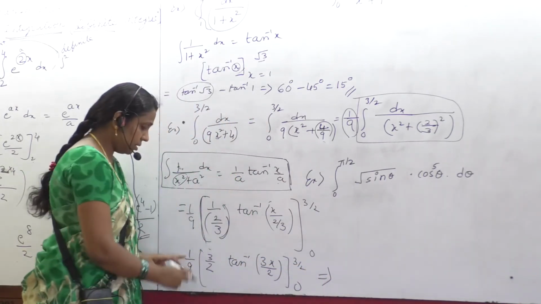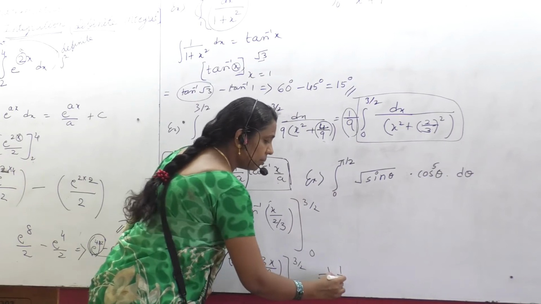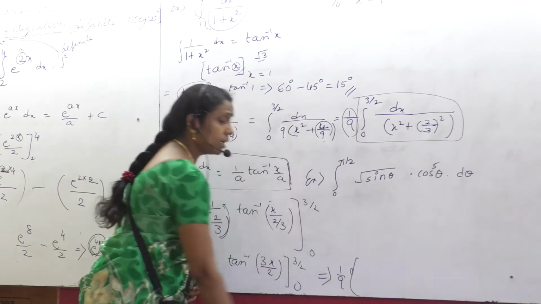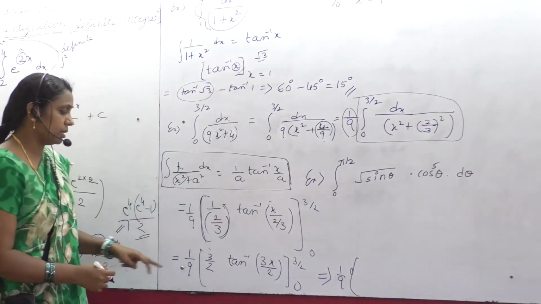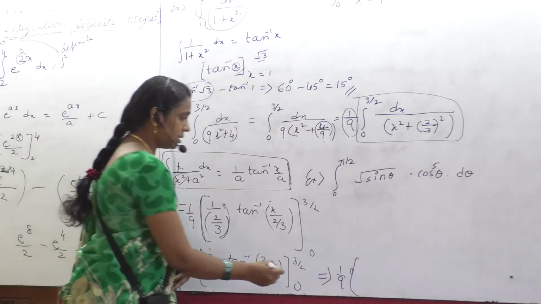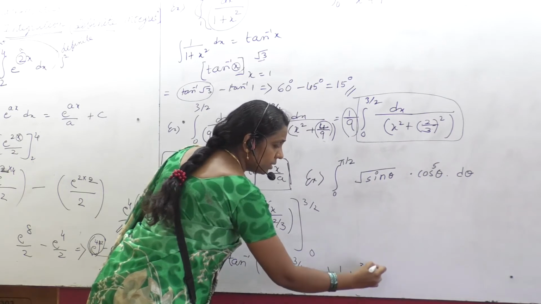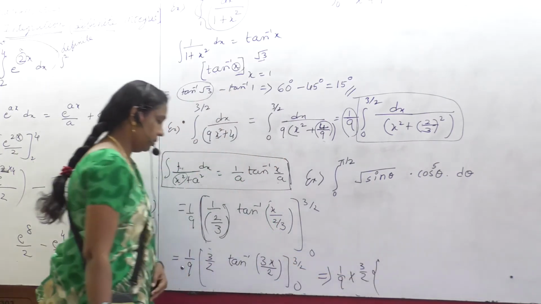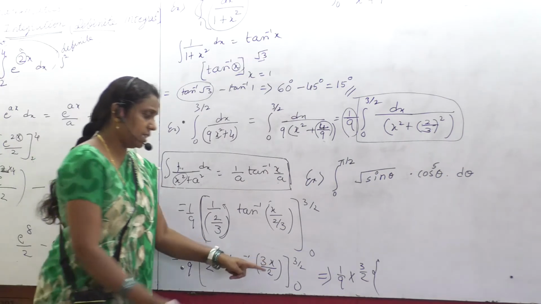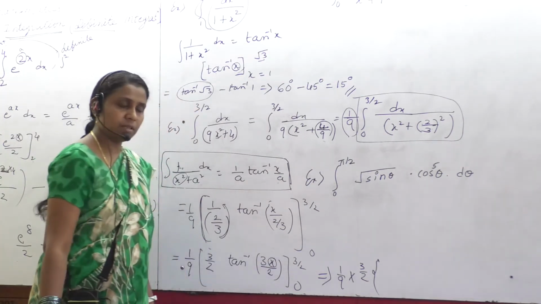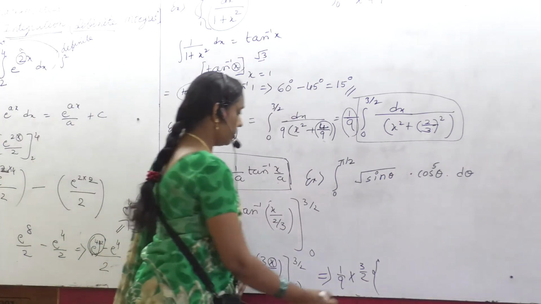Okay, shall we try with 1 by 9? You just keep it completely outside. I will take a curly bracket to make the difference between 3 by 2. You can just take 3 by 2 as well, outside. Next, put x equal to 3 by 2 here. X equal to what? 3 by 2.